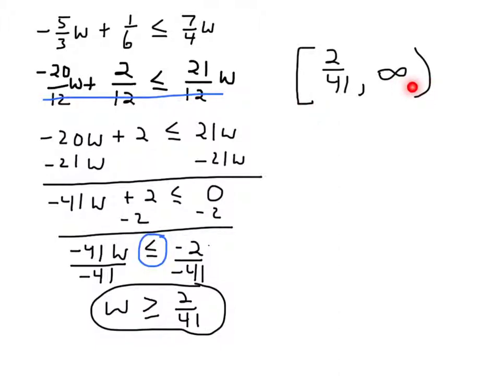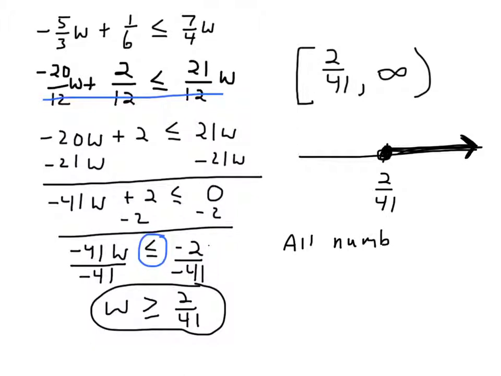And the graph on a number line would just look like this, where you had 2 over 41, and that dot would be filled in because it's included, and all numbers greater, so shade to the right. Or verbally we could say all numbers greater than or equal to.